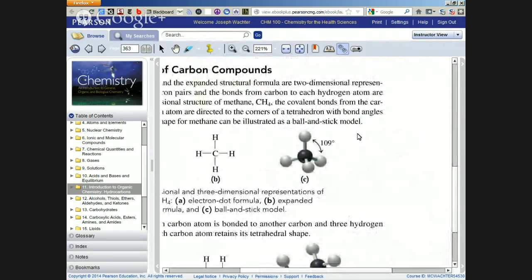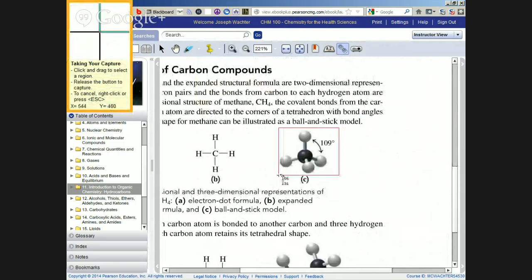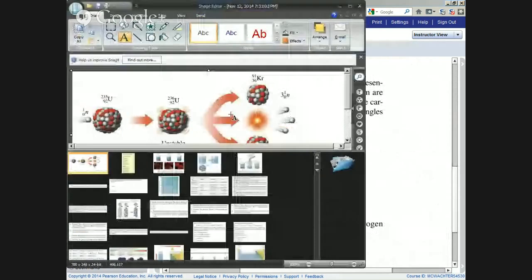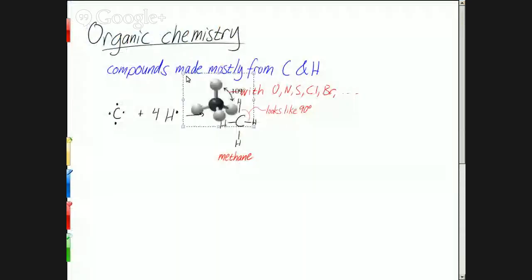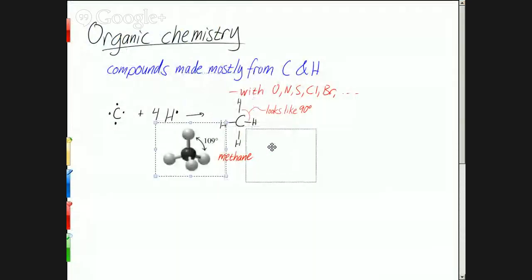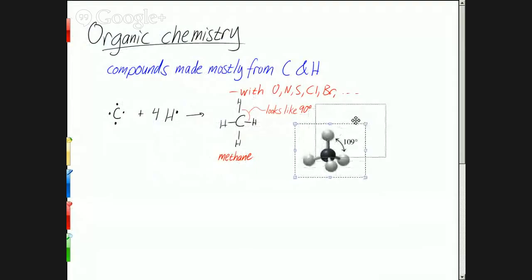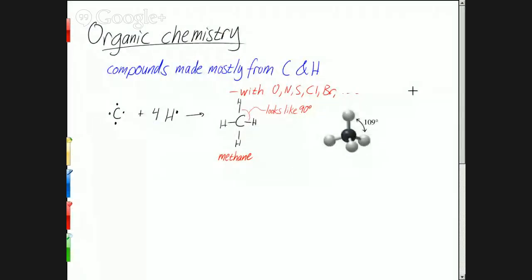It actually looks like this. So you can see it's really not 90 degrees. It's got a 3-dimensional shape where 2 of the things are coming out at you and 2 of them are going back into the plane of the screen there. So it's not flat 90 degrees.